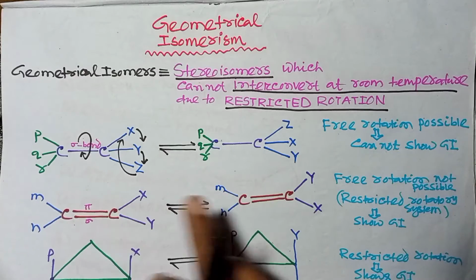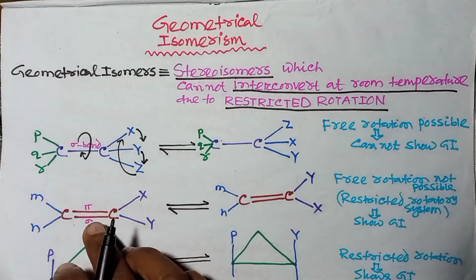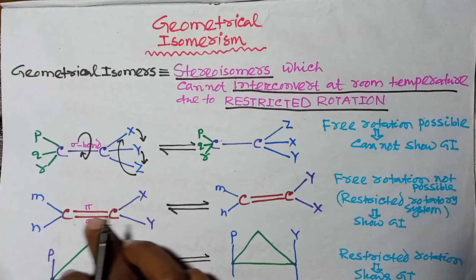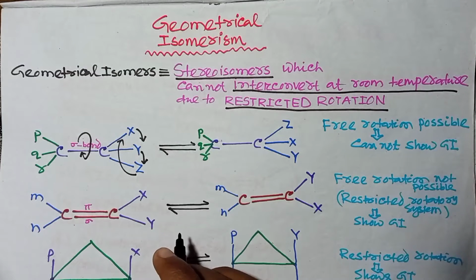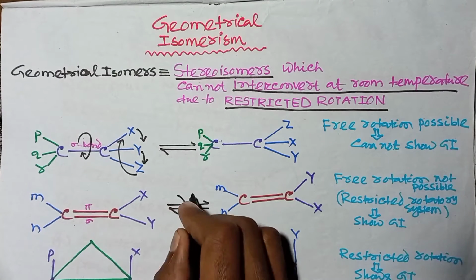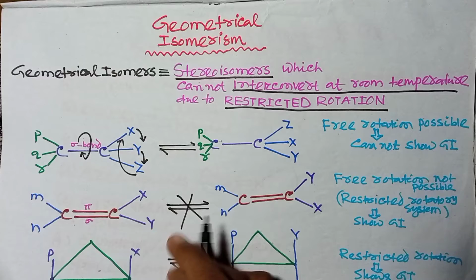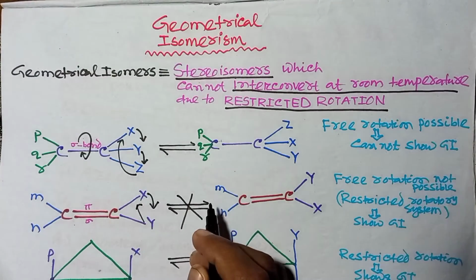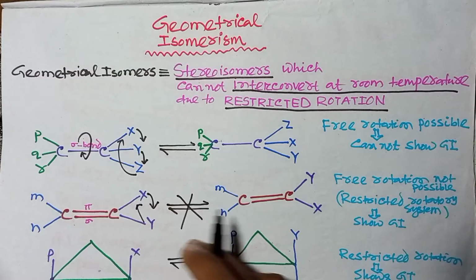Here it is a double bond. A double bond means a sigma bond and a pi bond, but in this case free rotation is not possible. So we cannot get this compound from this; this group cannot come here. The free rotation is restricted here.